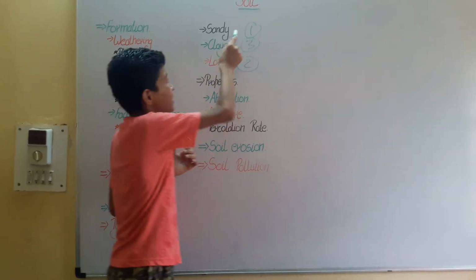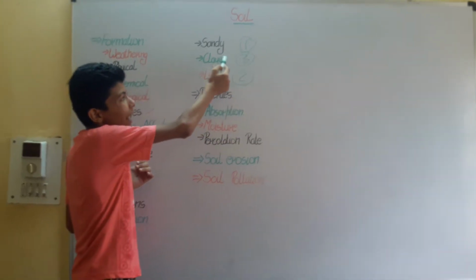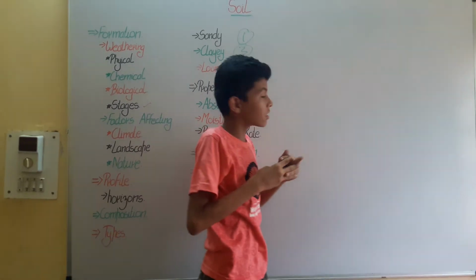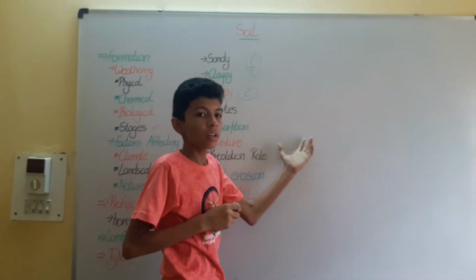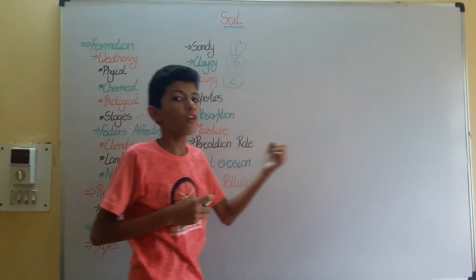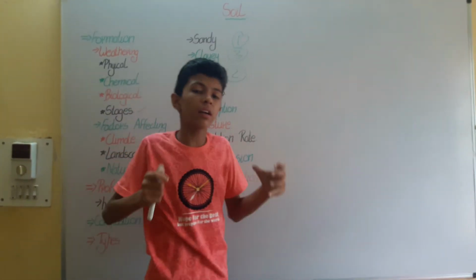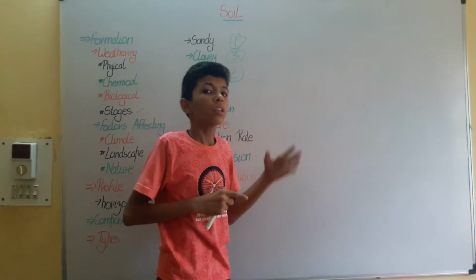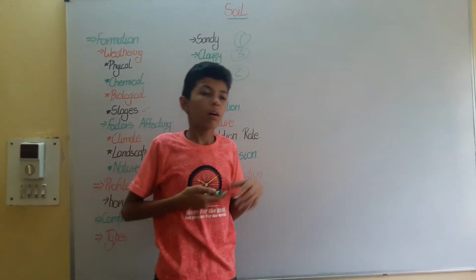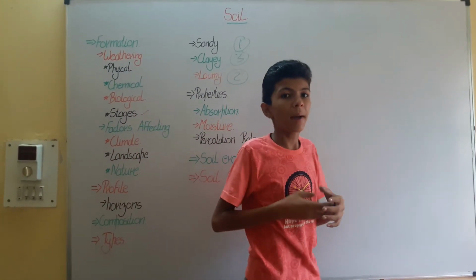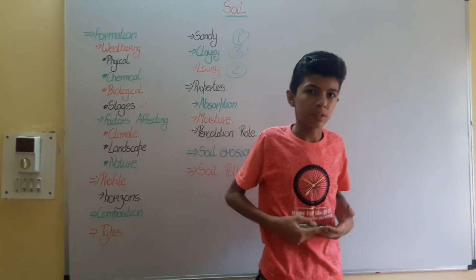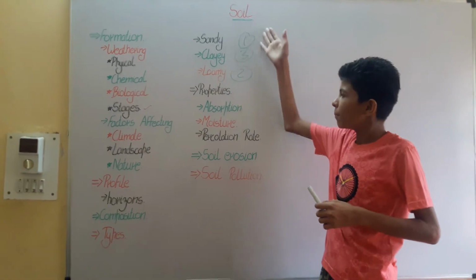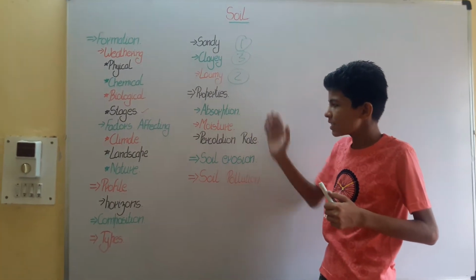First is the sandy soil, then the loamy soil, and then the clay soil. This should be measured, and you will see the difference between all three. If you take a different diameter, this timing could change, because the diameter affects how much soil the water passes through. So we have completed the properties of soils.